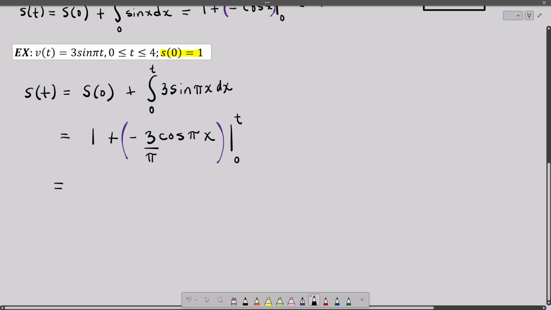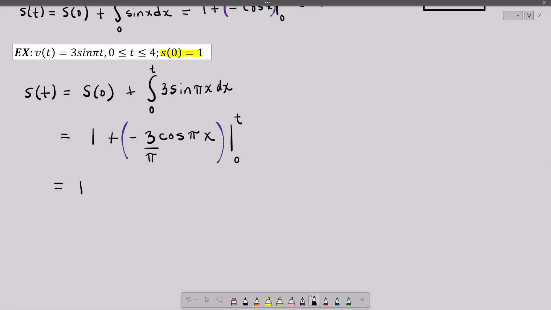So then we do our substitution. Now we plug in t, we get minus 3 over pi times cosine of pi times t. So that's the antiderivative at the upper. Now we subtract off the antiderivative at the lower. Antiderivative at the lower is negative 3 over pi times cosine of 0.